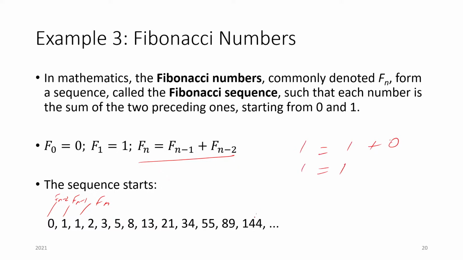Let's use this here as our result. This is f of n, this is f of n minus 1, and this one here is f of n minus 2. So then we see 144 is equal to 89 plus 55. And we'll see here this is 144 equal to 144.